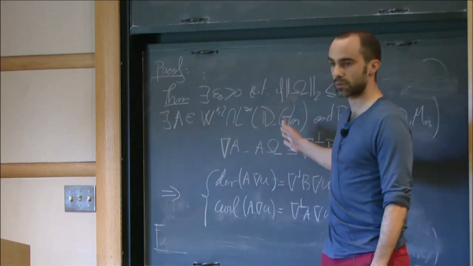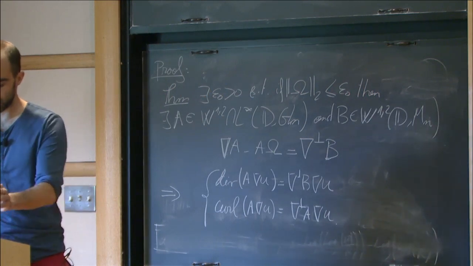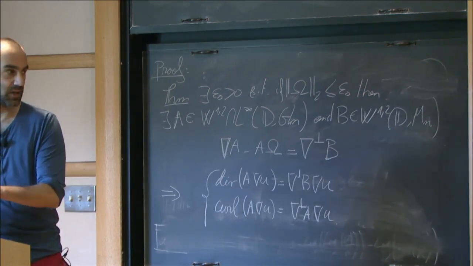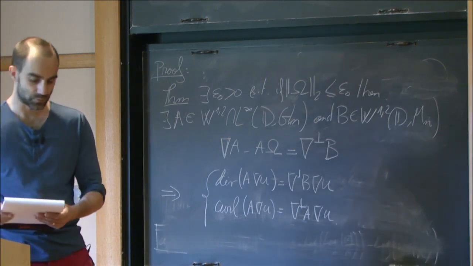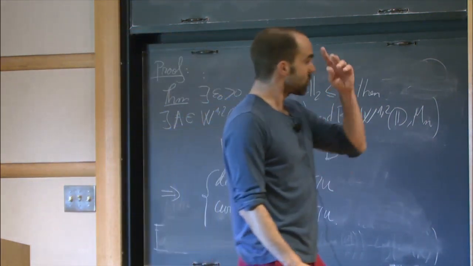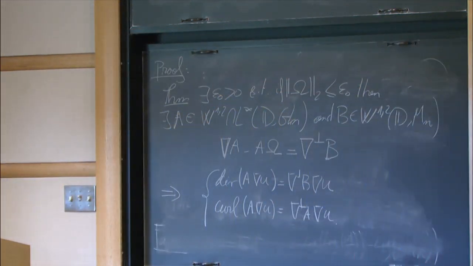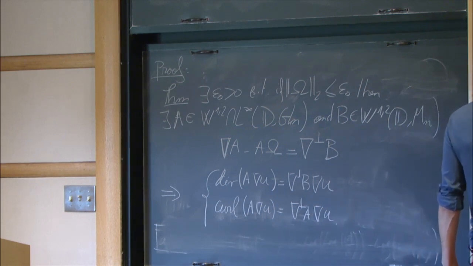So you can't rewrite your equation in this form. And you need some new tools, to refine this kind of analysis in order to be able to have an energy identity. So before proving the energy identity, I will introduce the last tool, which is Lorentz spaces.